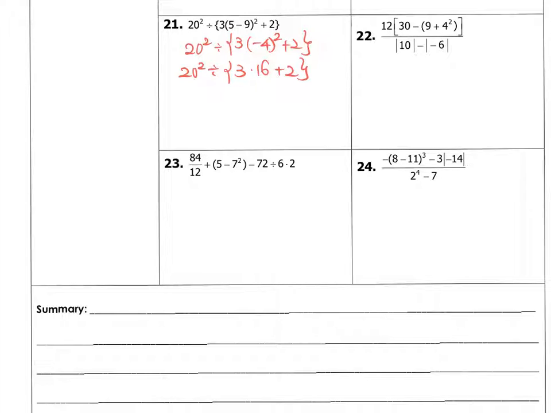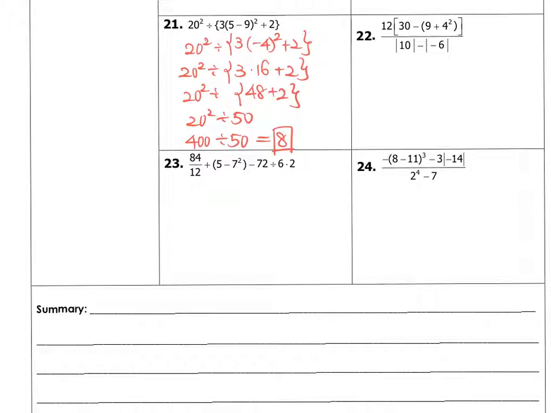Now, if I keep going, I can still do the inside of the parentheses. I would have 48 plus 2. So then if I take care of that term, I have 20 squared divided by 50. 20 squared now can be taken care of, and my final answer is 8.